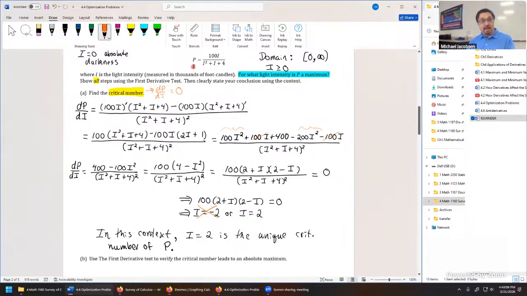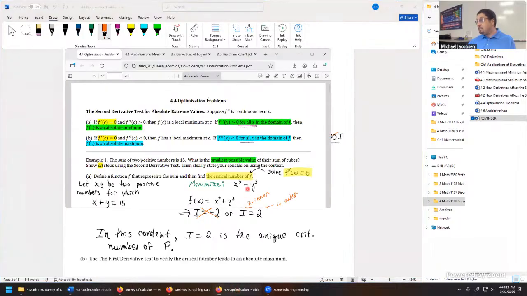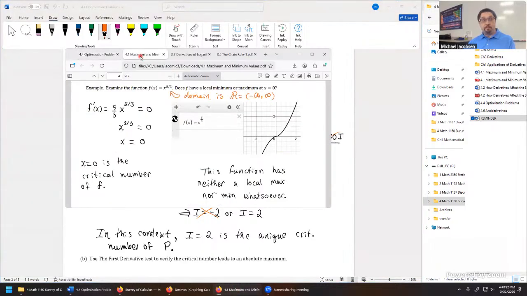But it doesn't even have to be a max or a minimum. A critical number like 2 could lead to neither a max or a minimum. So just to go back to 4.1 to connect that thought, the reason why we have to now do a part B, go even further on this problem, is because once we have a random function put down on paper, like this one, that's a random function, x to the power 5/3.